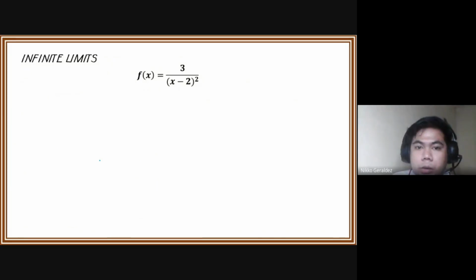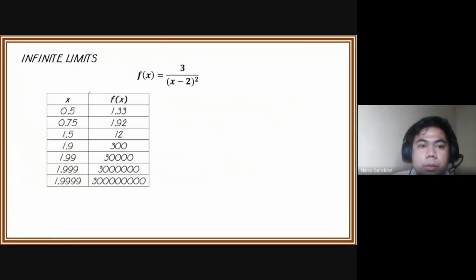So we have 3 over 0, or undefined. So let's let x approach 2 from the right, and x approach 2 from the left.